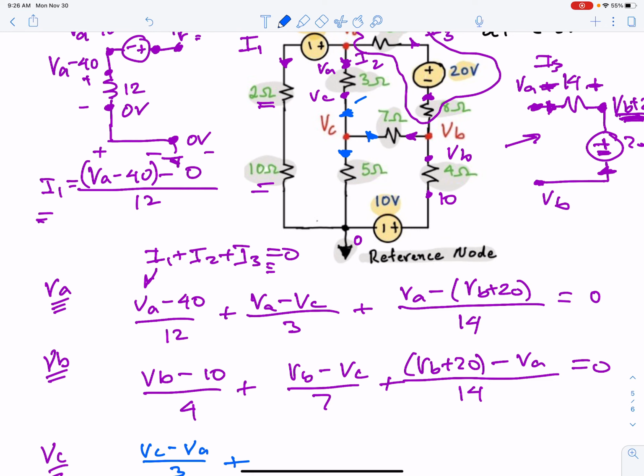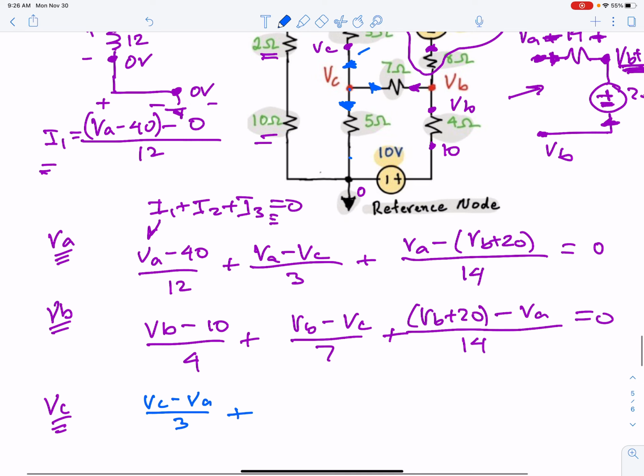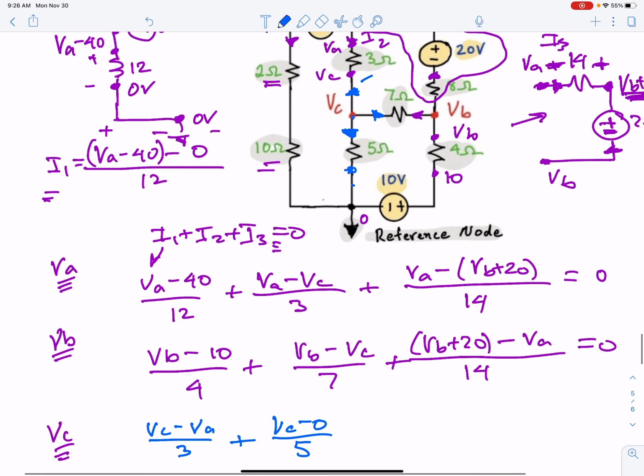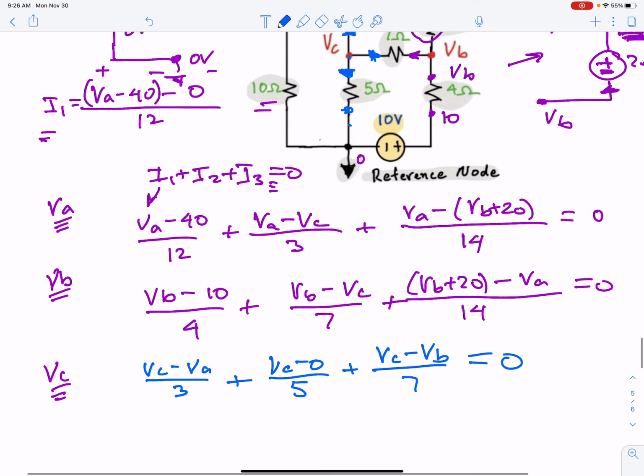For this one coming down, VC minus 0, one dot minus the other dot, over 5. Finally, this direction would be VC minus VB over 7 equals 0.